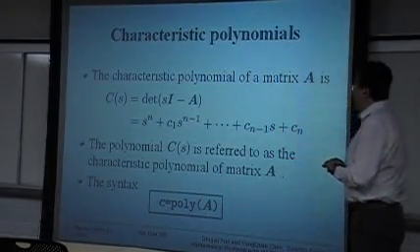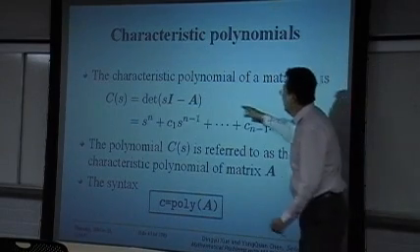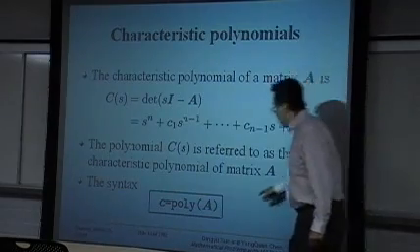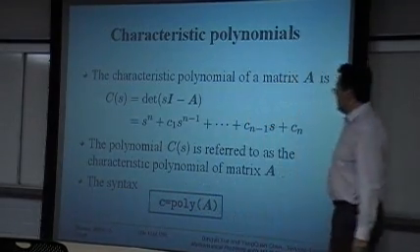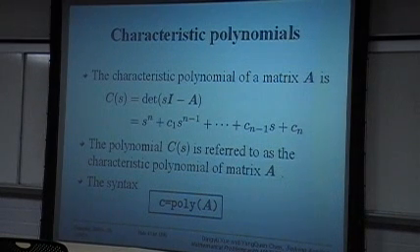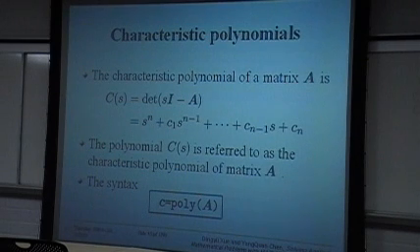And the question is, how can we find the characteristic polynomial of a matrix? What we need to do is call the poly function in Matlab, and then we can find the polynomial of the matrix. And C here will be the vector containing all the coefficients.